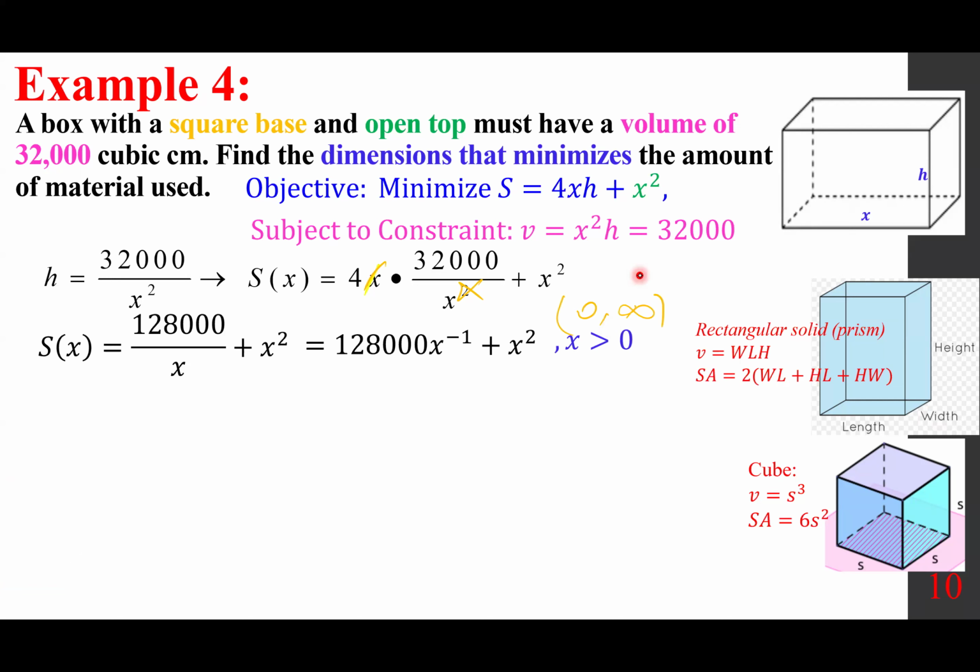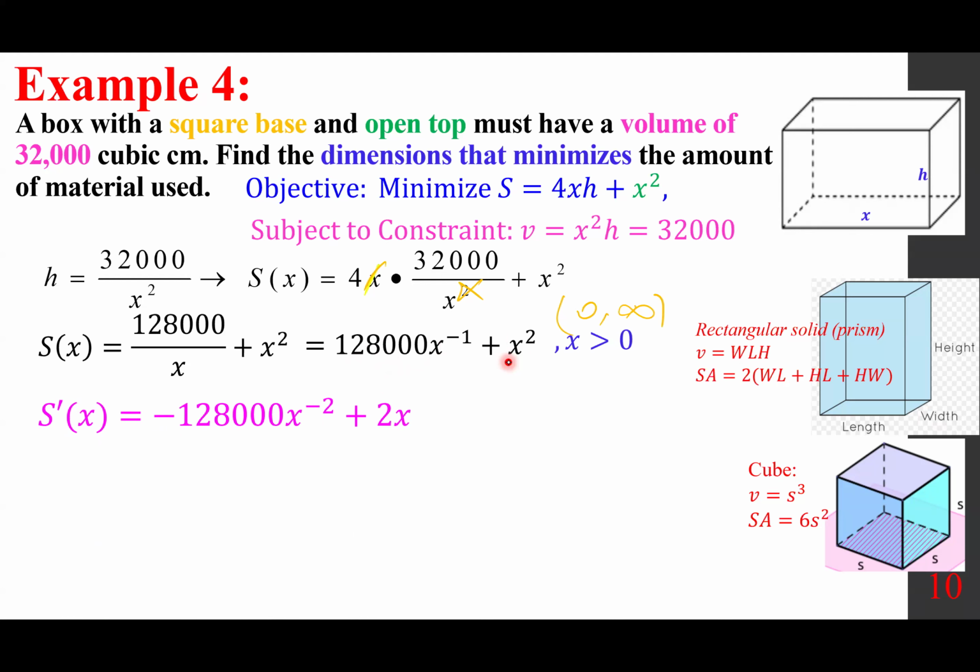Everything we've done so far is elementary algebra. Now what do we do? Differentiate. So we are going to differentiate. We get negative 128,000 x to the power minus 2 plus 2x. Remember what we do. We are looking for critical points. That means we're going to look at where this function S prime is 0 or where it's undefined.